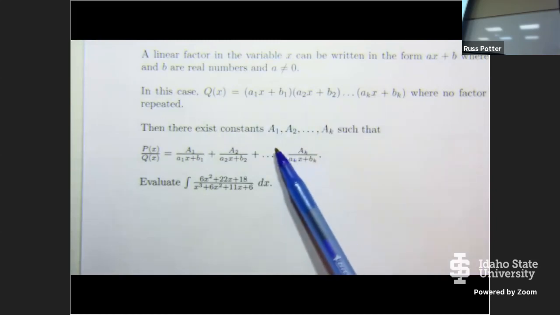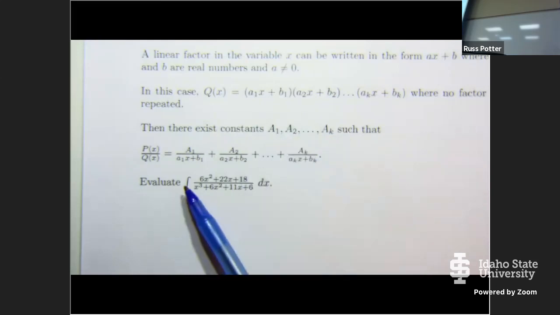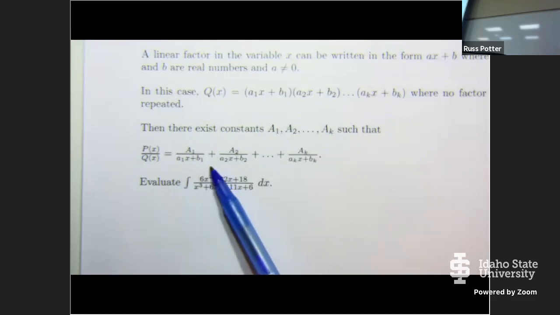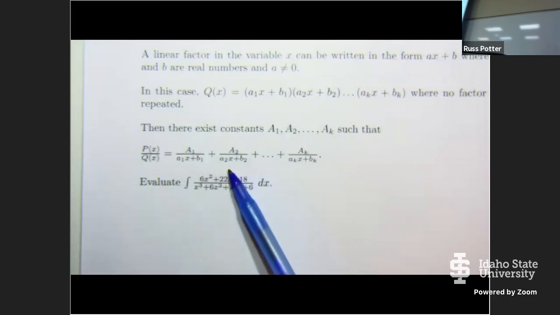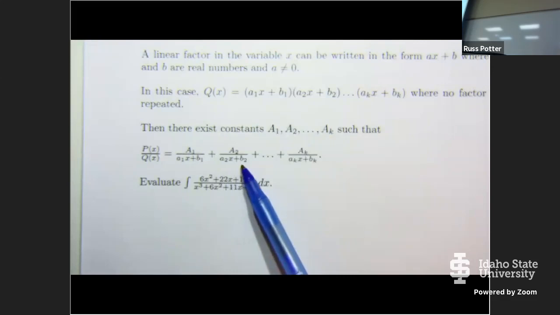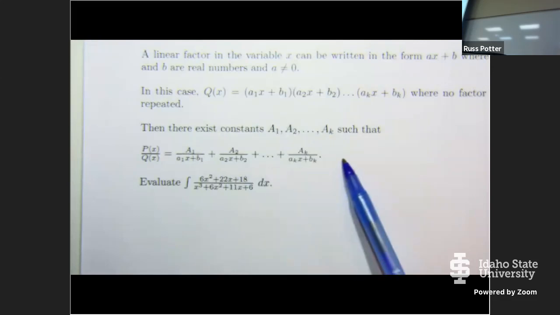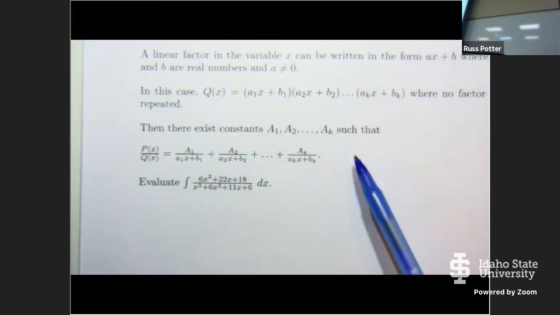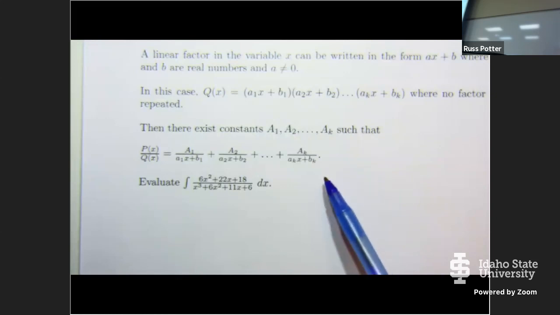So there are k real numbers or k constants, such that p of x over q of x is a sub 1 over a sub 1 x plus b sub 1 plus a sub 2 over a sub 2 x plus b sub 2, and so on, until we get to the last one, a sub k over a sub k x plus b sub k.